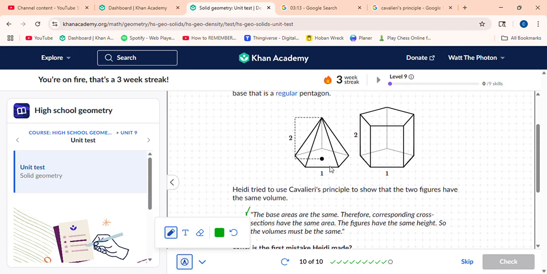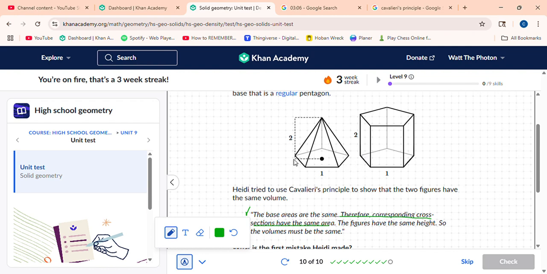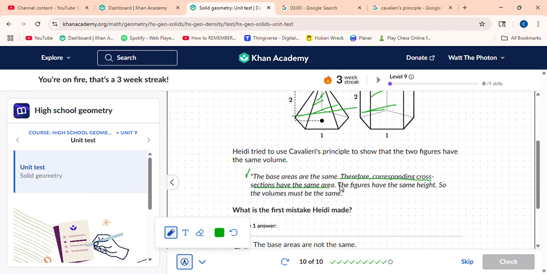Therefore, the corresponding cross sections must have the same area. The figures have the same height. The cross sections do not have the same area. The cross sections just get smaller and smaller, and this stays the same. The figures do have the same height, which checks out. Put this in red.